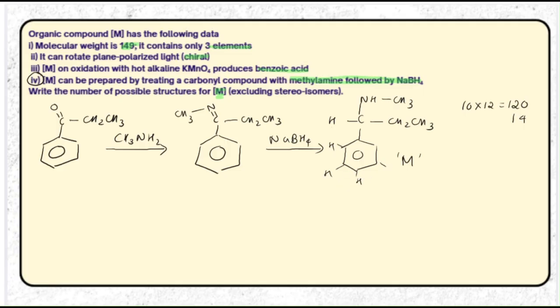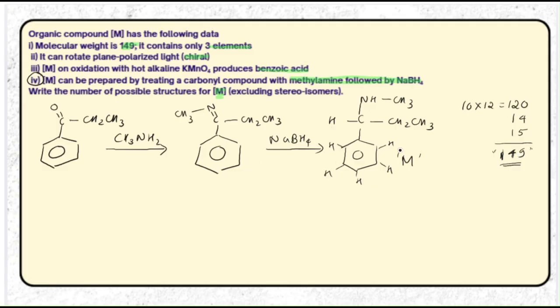Many students tend to forget these hydrogens, so please don't do that. So we have 5 here, 5 here, 10, 11, 12 and here 3, 15. Now count this. You are getting 149 exactly. Say if you are not getting 149, you keep adding either carbon or hydrogen here and make sure that you get 149 as its mass.